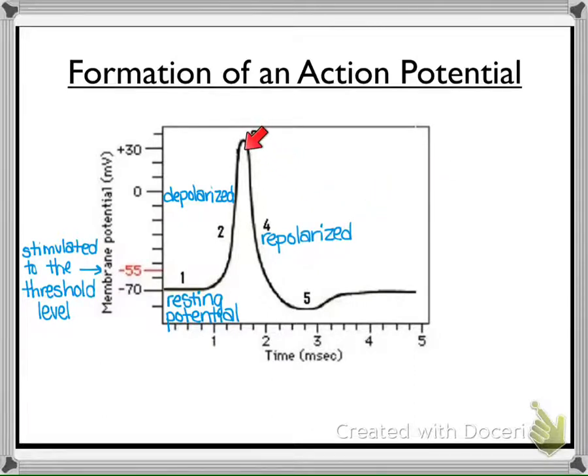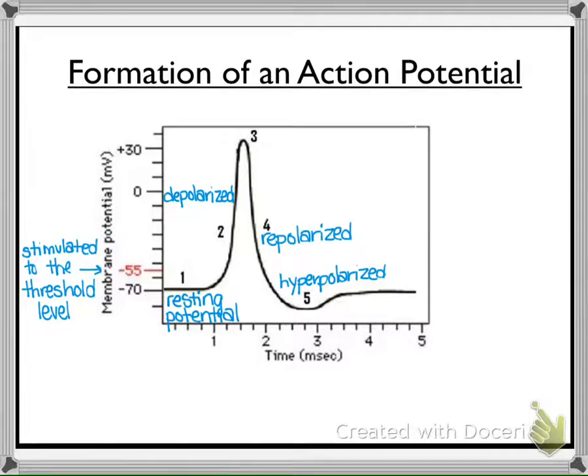So the inside of the axon will be becoming negative again as the potassium rushes outside of the axon. In the final stage of the action potential, we're going to see that too much potassium leaves the axon, and that is going to cause the axon to become more negative than it was to begin with, and we call that hyperpolarization. So we can see here that this hyperpolarization is going to bring the charge of the inside of the axon all the way down to about negative 90 millivolts.